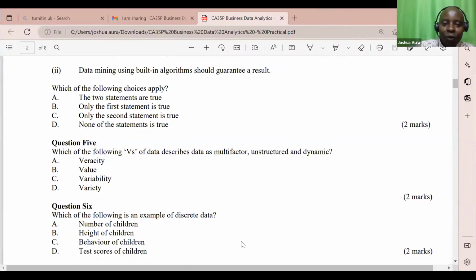Velocity, volume, veracity. They are repeating again. I like that. Veracity, value, velocity, volume, variety.